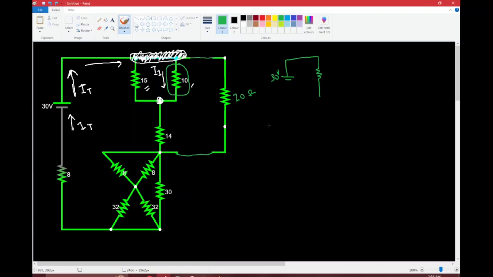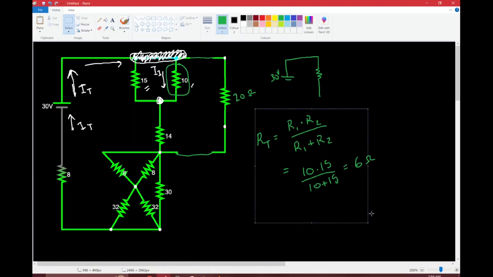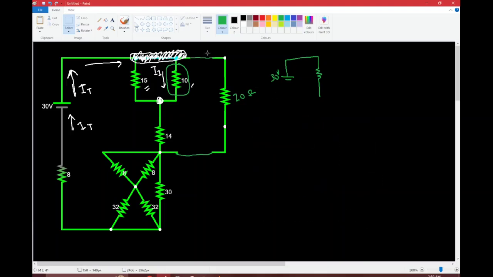So you just use the formula to figure out what the equivalent resistance is going to be. RT is equal to R1 multiplied by R2 over R1 plus R2. That's going to be 10 times 15 over 10 plus 15, and that's going to equal 6 ohms. So I'm just going to write that down. So that's going to be 6 ohms.